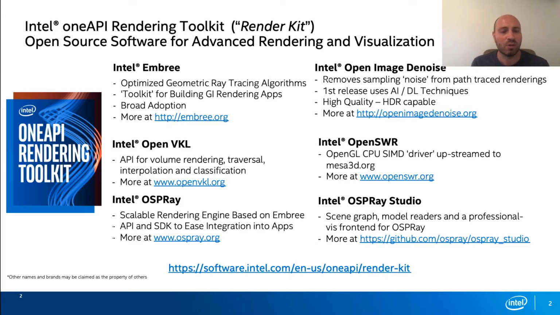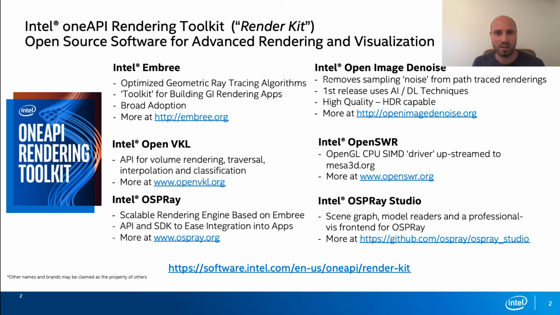The Open Volume Kernel Library, which is designed for volume structure abstraction and effective sampling and filtering of volumes and traversal as well. OSPRay, which is the high-level render graph API, which ties the lower-level pieces of the Render Kit together and exposes them to software such as ParaView and VisIt through this API.